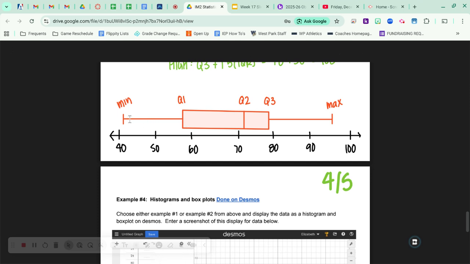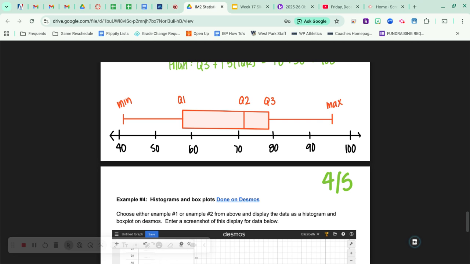What this is saying is that between our min and our Q1, 25% of our data falls in that range. Between Q1 and Q2, that's another 25% of data. Between Q2 and Q3, another 25% of data. You can look at this as the box part of the box and whisker.